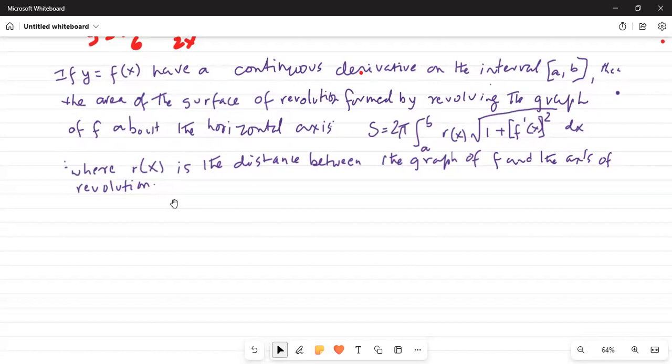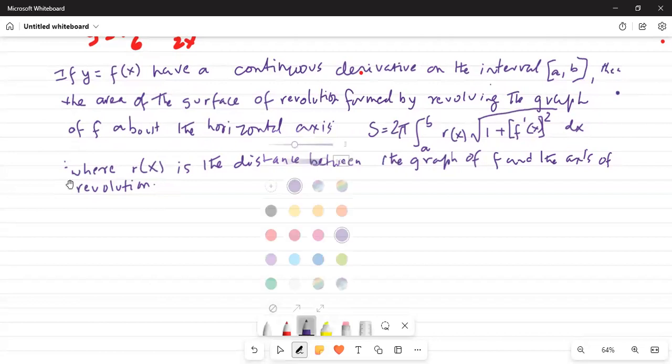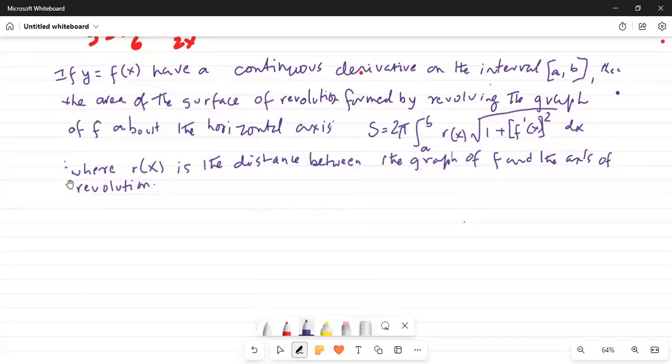So we write given y is equal to x squared by 6 plus 1 over 2x.